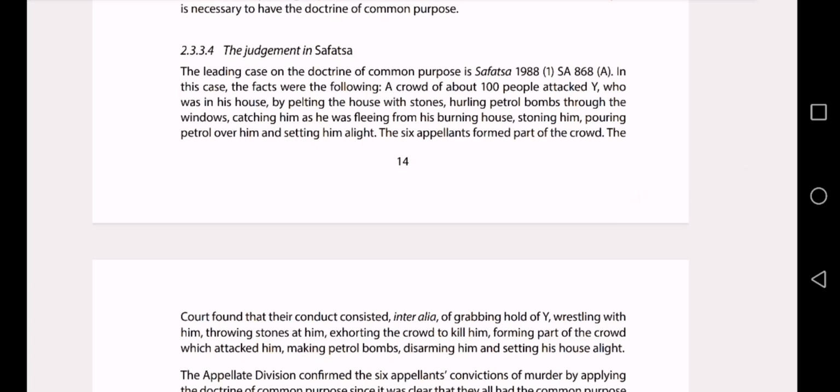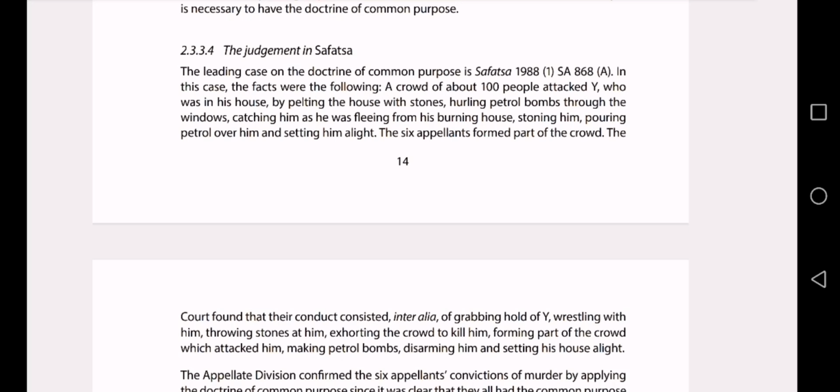A crowd of 100 people attacked Y, who was in his house, by pelting the house with stones, hurling petrol bombs through the windows, catching him as he was fleeing from his burning house, stoning him, pouring petrol over him, and setting him alight. The 6 appellants formed part of the crowd.